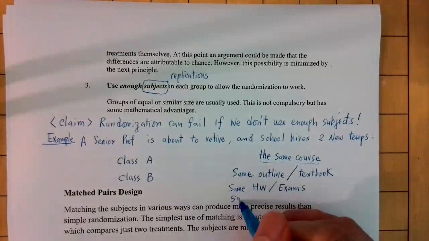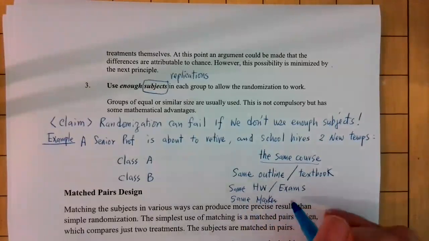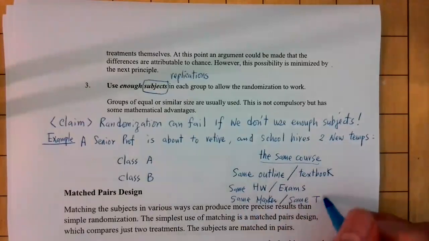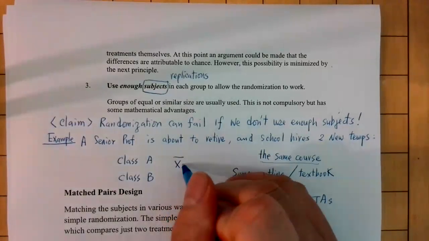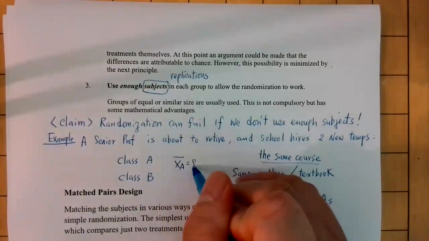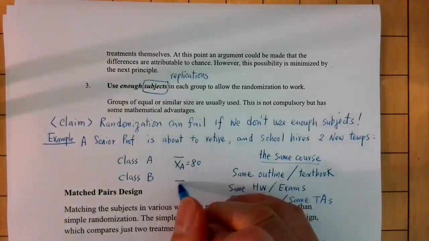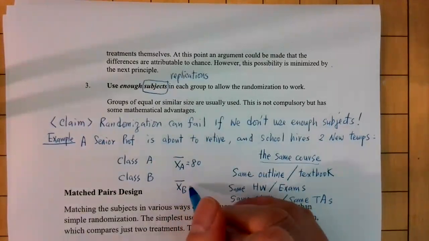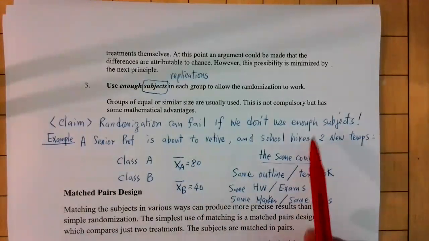They hire the same marker and the same TAs, okay? At the end of the semester, suppose class A averages 80, okay? Class B averages 40, okay?